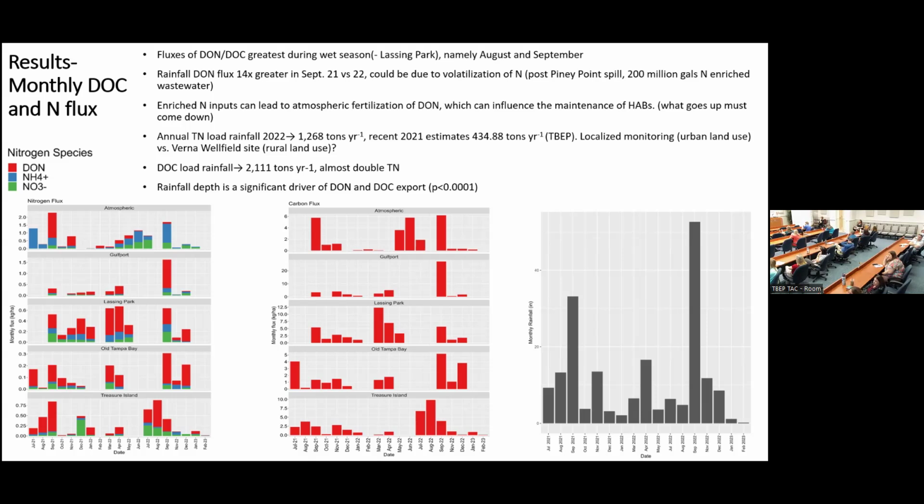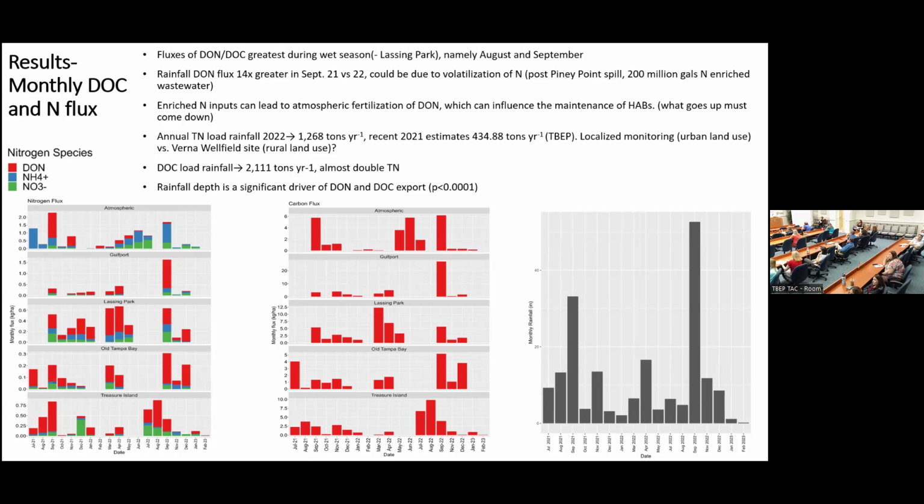We're thinking the discrepancy could be because our site was in the urban watershed of St. Pete. And my understanding is that the Verna Wellfield site in Sarasota is used for the TN concentrations for current estimates.